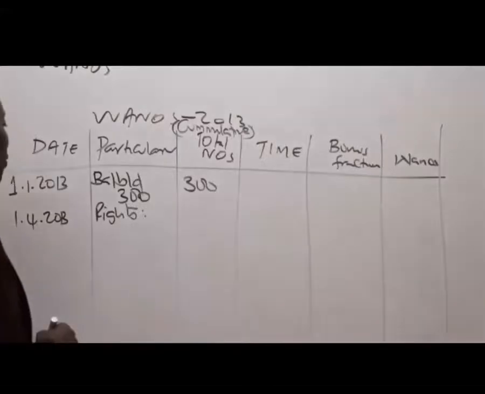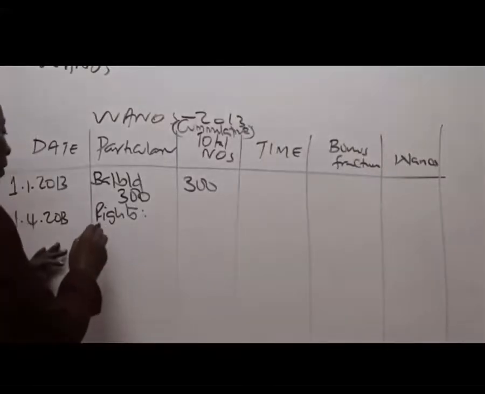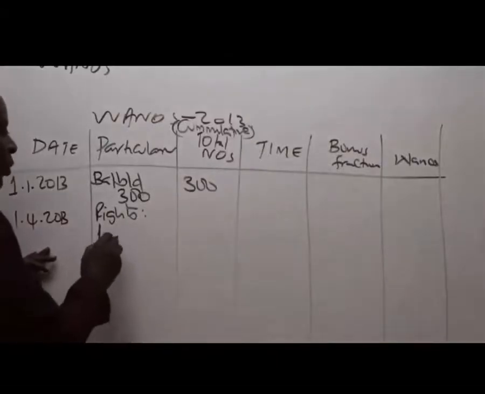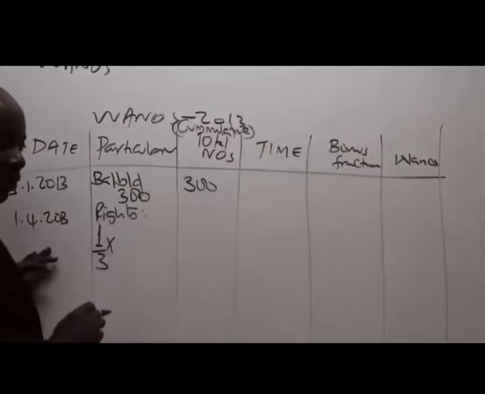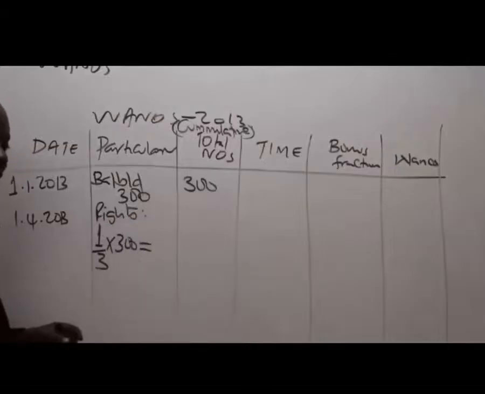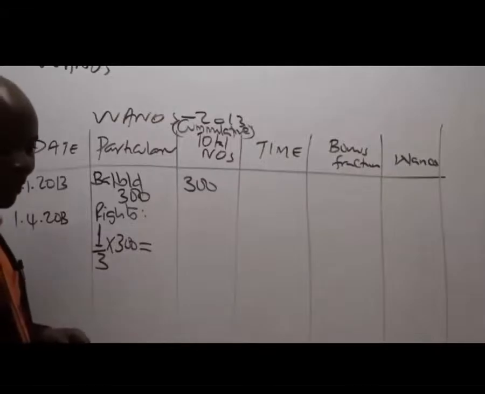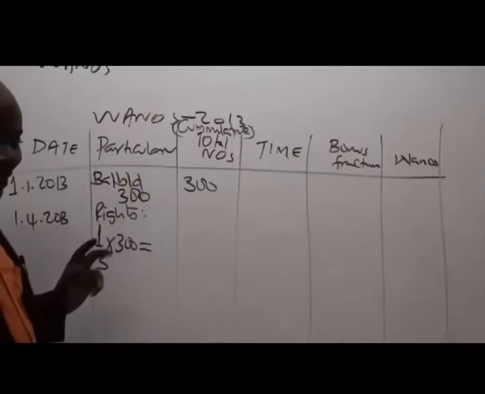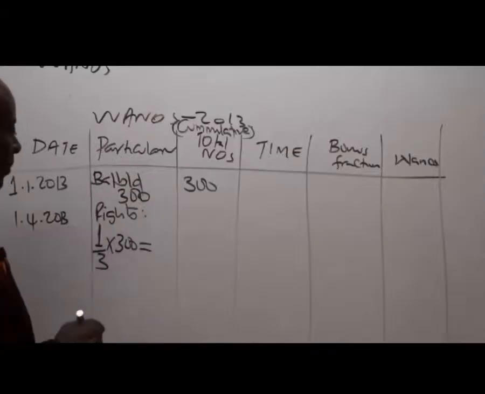Hapo naambiwa ni 1 new for every 3 all that you have. Kwa hivyo itakuwa 1/3 times the shares we have which are outstanding. So 1/3 times 300 gives me how many shares? That gives me 100.